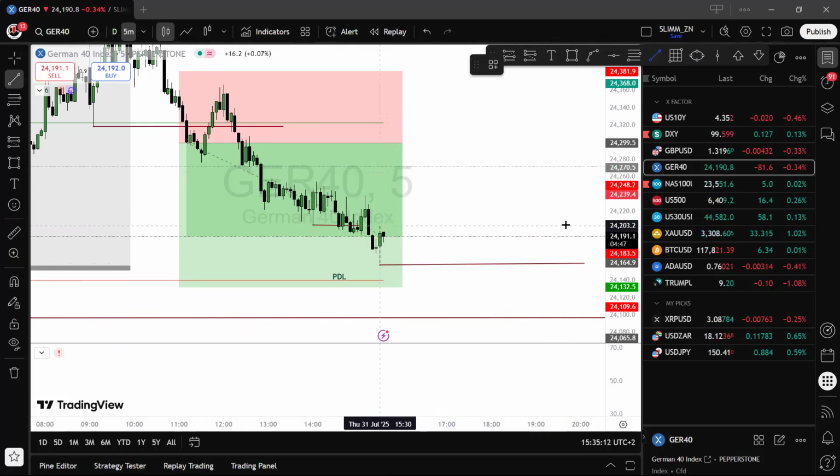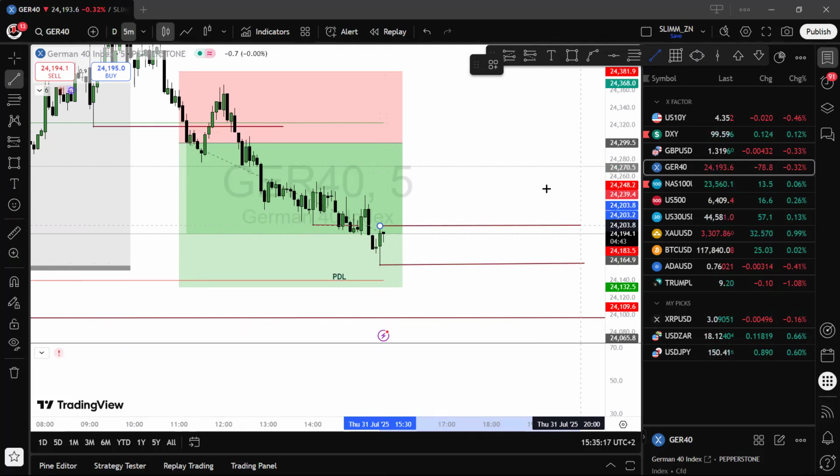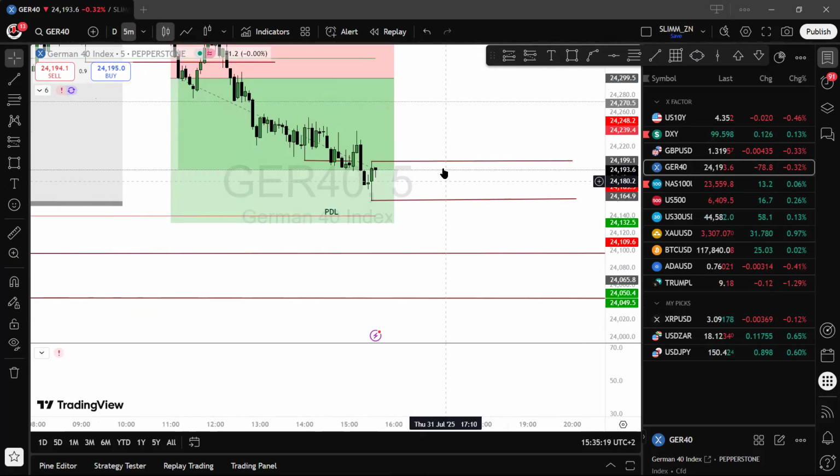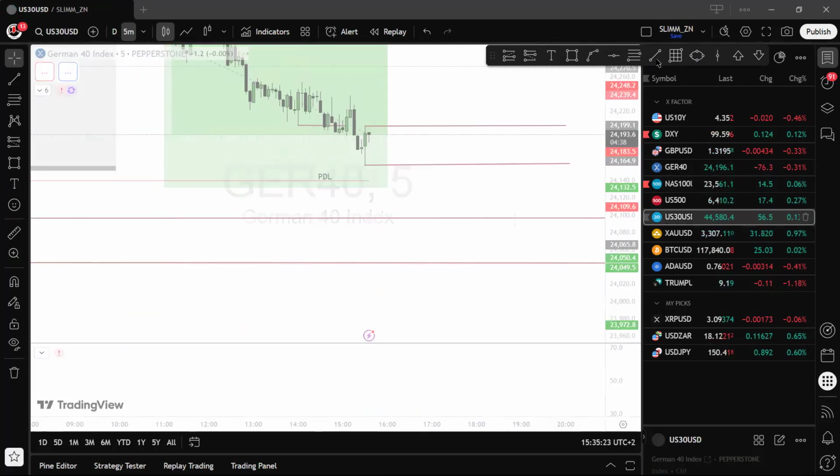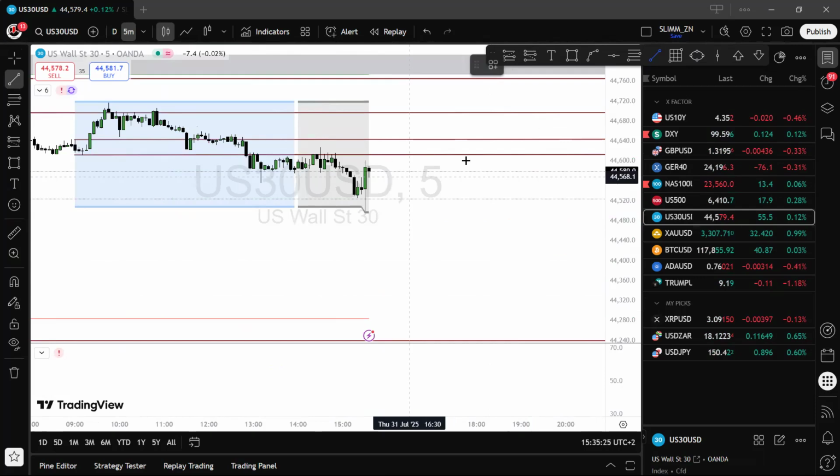Also, it's basically the low and the high, then we wait. So I'm just going to do it first on the assets which I'm mainly looking at.